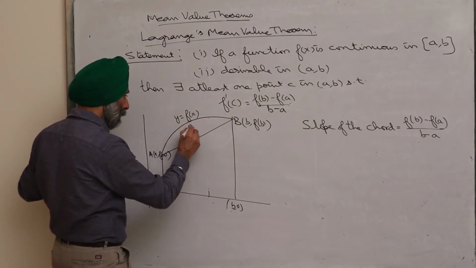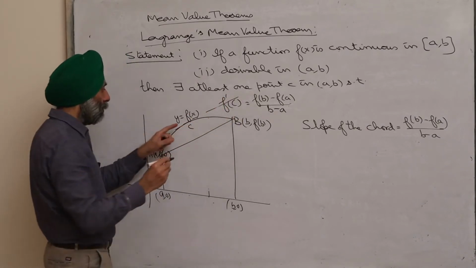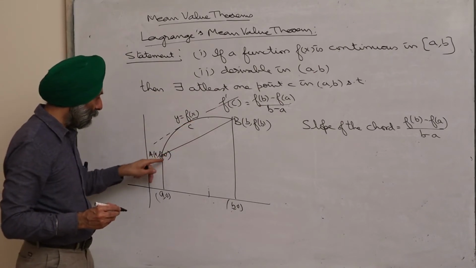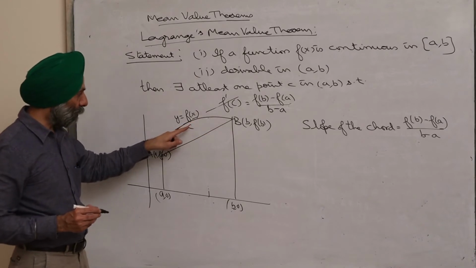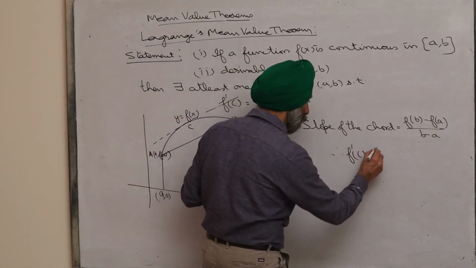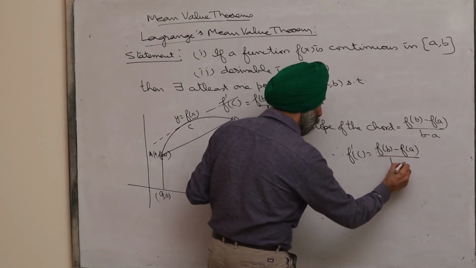Since a tangent to this curve at each and every point within the interval AB exists, there must be a point or points where the tangent is parallel to the chord joining these 2 points. Let us say this point is c. So f dash c is equal to f of b minus f of a upon b minus a.